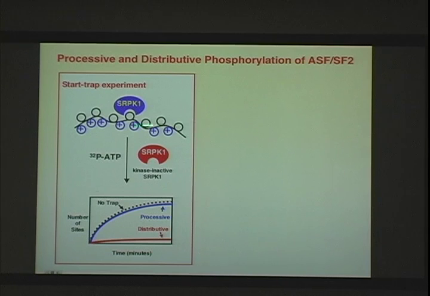The method we used originally was a peptide-based one, but we eventually started using these inactive forms of the kinase SRPK1 that's very capable of binding the RS domain, but of course is inactive. Then we wanted to see whether this could trap out early intermediates or whether it was ineffective at controlling the reaction, which would be indicative of a processive type mechanism.